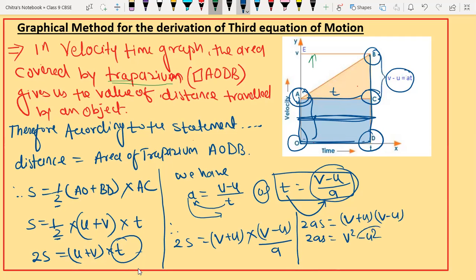I'm transferring minus U square to the other side, so it is in negative form and will go in positive form. What will remain here is V square. We can write U square plus 2AS, and this is nothing but the third equation of motion. So V square equals to U square plus 2AS is the third equation of motion.